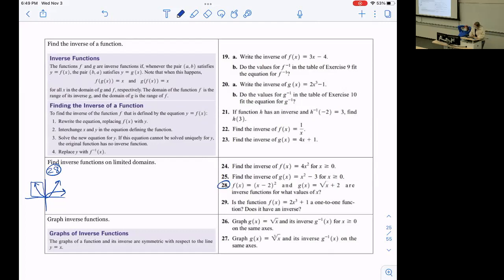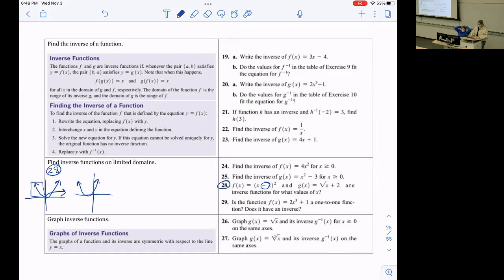So for x minus 2 squared, we know that there's a shift. So we're going to have a quadratic function like this with the vertex at x equals -2.